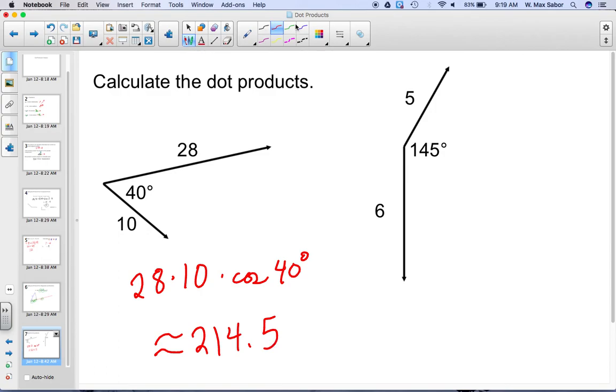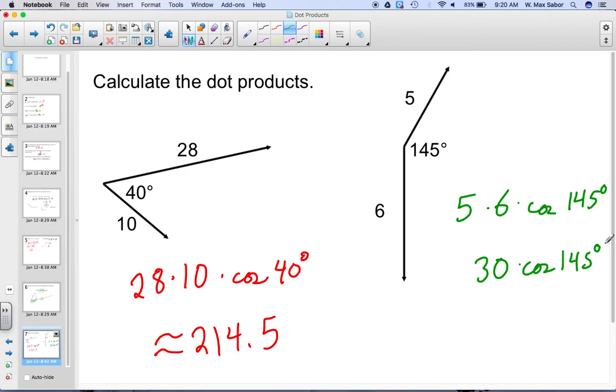Here we have that this is v times w times cosine of the angle between them. And it's always going to be cosine for dot products. So 5 times 6 is 30 times cosine of 145. That is not on the unit circle, so we need a calculator for it.